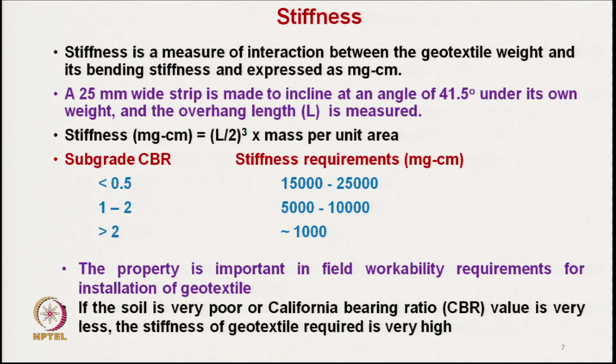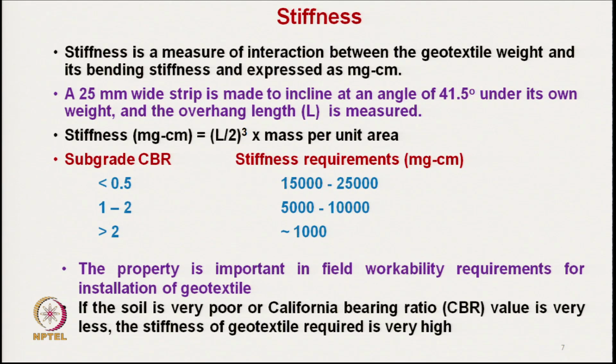Next coming the important characteristic for geotextiles, it is stiffness. Stiffness, as we know, for apparel fabric is important for comfort characteristics, tactile comfort, or for home furnishing it is mainly related with the drape.